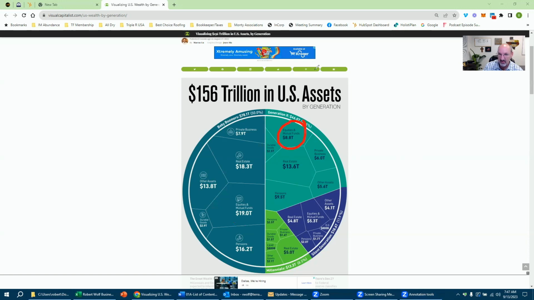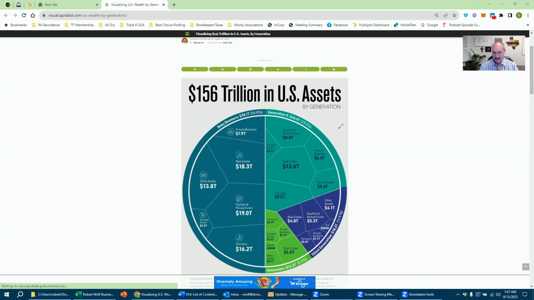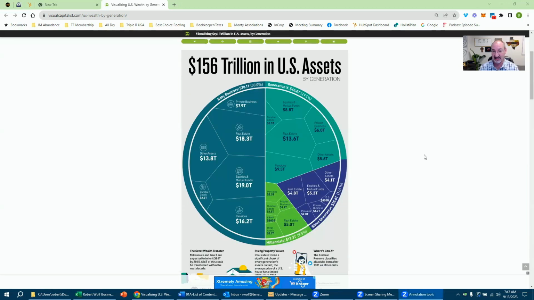So what we're looking at, as an asset coach and tax strategist at Terra Firma, is these: private business and real estate, and then also equities and mutual funds. So we're building strategies around those three things.